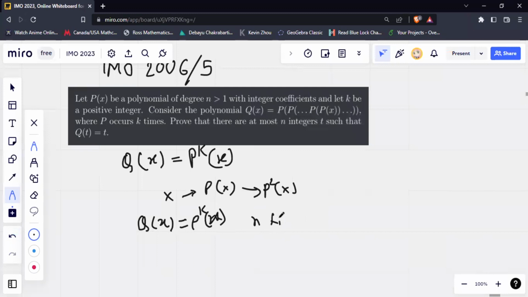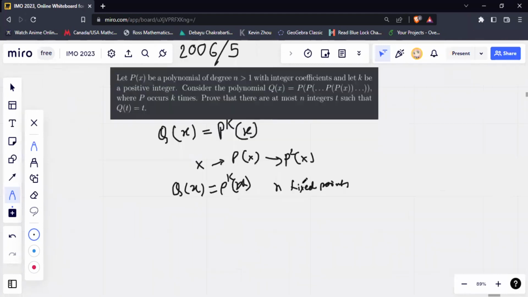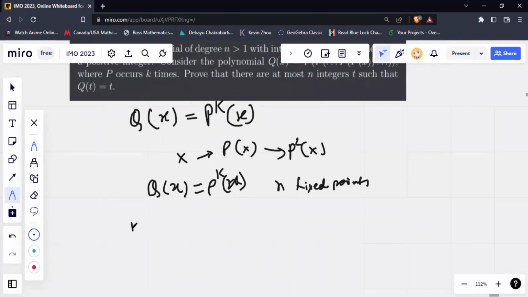Now how do you move to k plus 1? I am trying the k equal to 2 case right now.